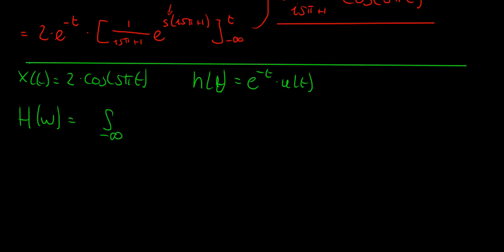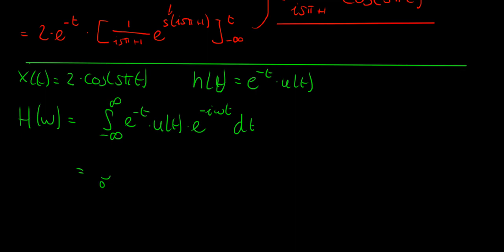It is the integral from minus infinity to infinity of e to the power minus t multiplied with the step function multiplied with e to the power minus i omega t dt. This is equal, well, the step function again changes the boundary, but this time it changes the lower boundary, because the step function always returns 0 if t is lower than 0.